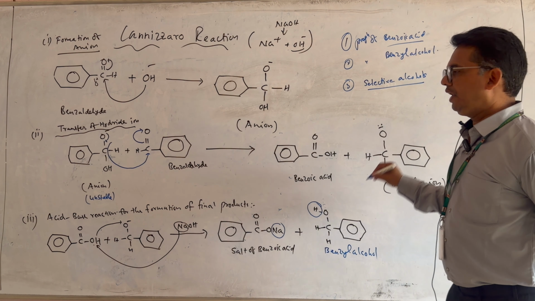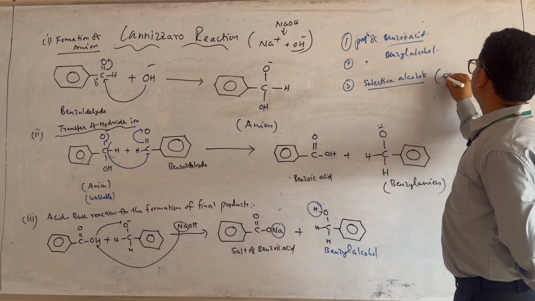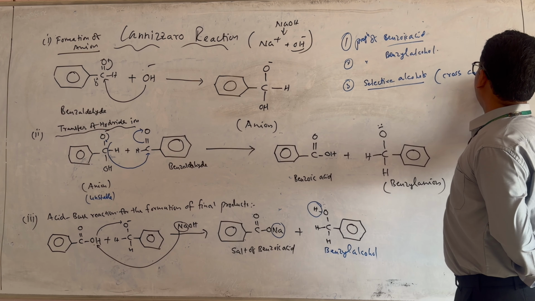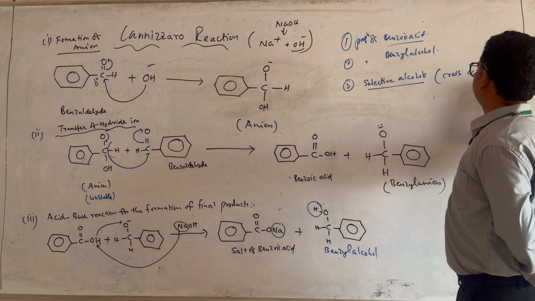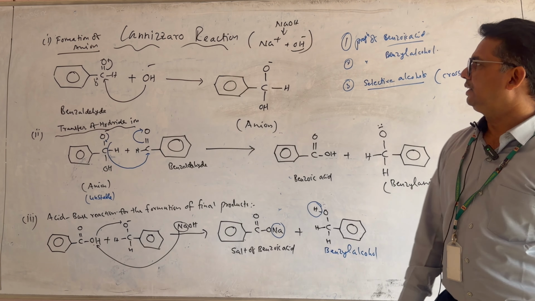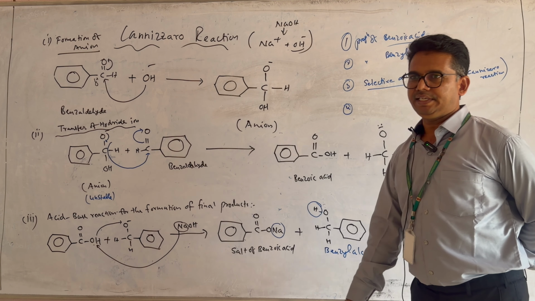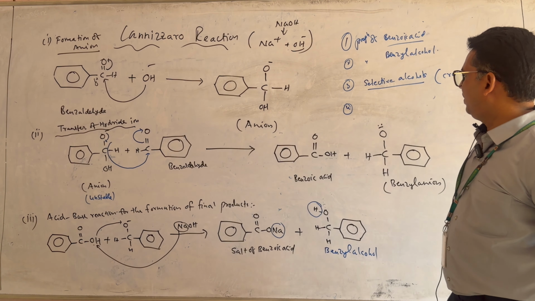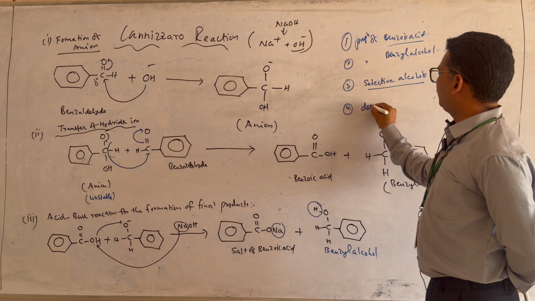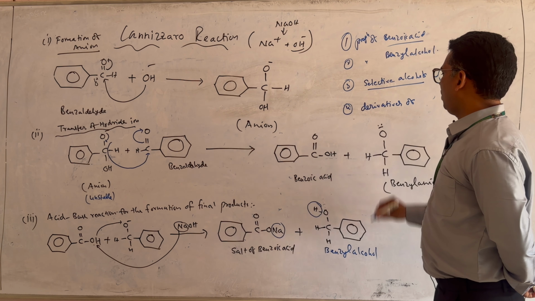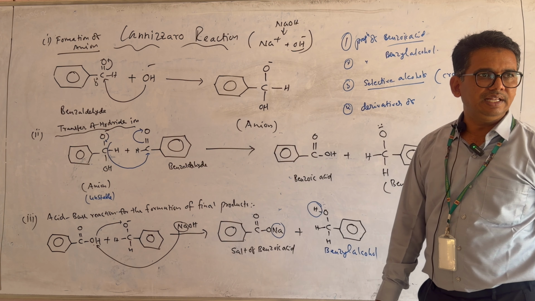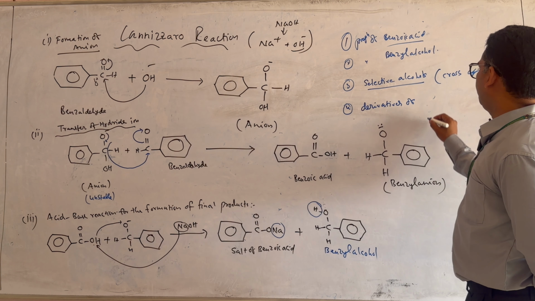But here we have to use the cross Cannizzaro reaction. Then the fourth application of this reaction is that it is helpful for the formation of various derivatives of benzoic acid and derivatives of benzyl alcohol. They are going to be produced.